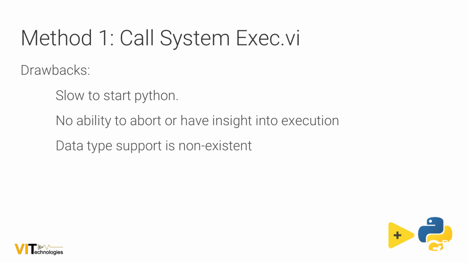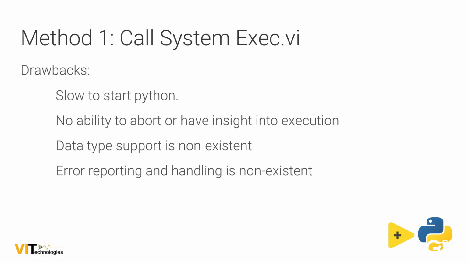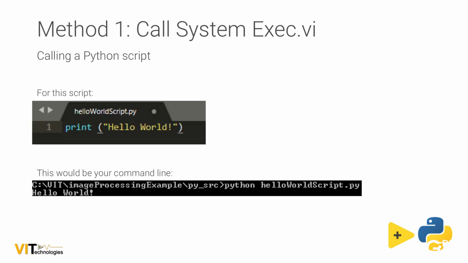Also, there's no data type support. Everything is going in and out as a string, and you need to do all the conversion yourself, which is not that fun sometimes. Also, error reporting and error handling are similar. It's all a bunch of strings, and so you need to parse it all yourself. There's a little bit of error handling from the System Exec.